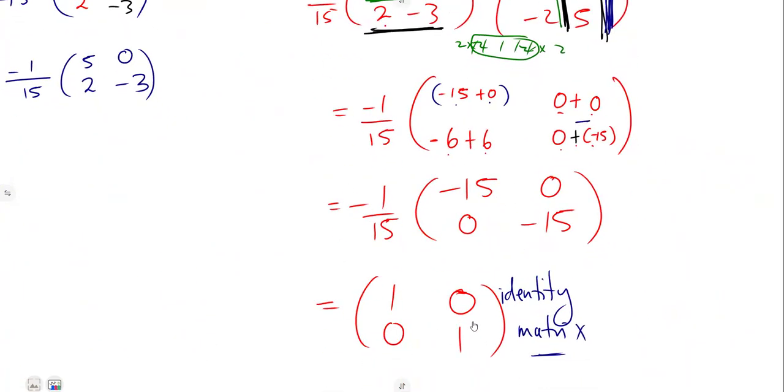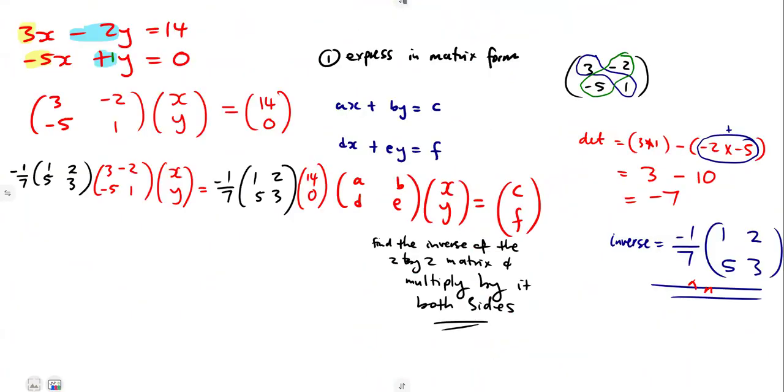So let's say this is our matrix A. When the inverse of A multiplies matrix A, you obtain an identity matrix. So from the product on the left-hand side, you are going to obtain an identity matrix.